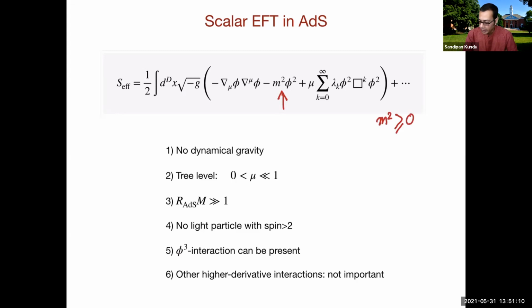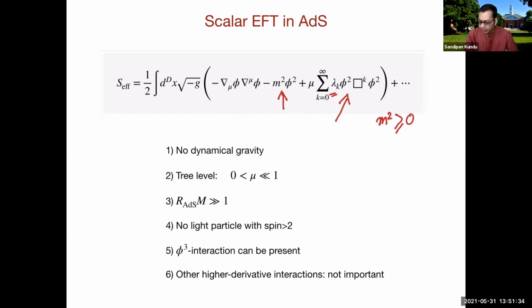And then there are all these higher derivative interaction terms. I'm not going to assume anything about the coupling constants lambda to begin with. So the goal is to actually impose constraints on these lambda coupling constants.